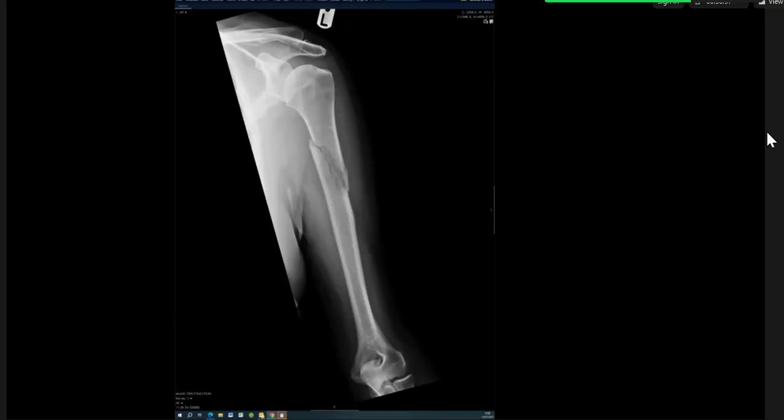So I will review any previous radiographs. In consultation with the MDT, I would arrange for a biopsy of this lesion, which will be done by the sarcoma team, and follow up with an MRI of this limb, including the upper and lower joints, for assessment of involvement and local staging.